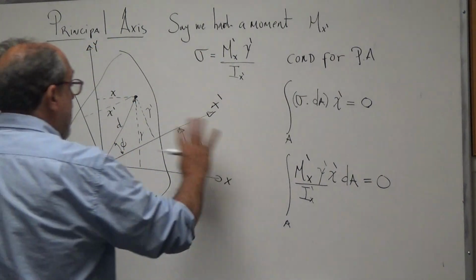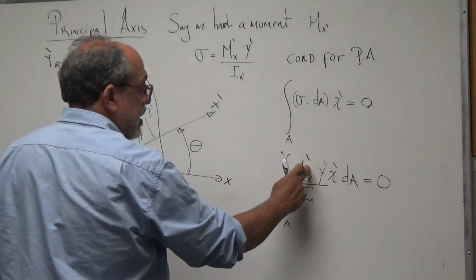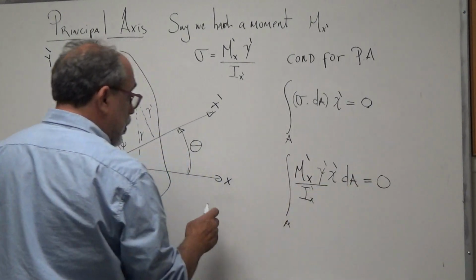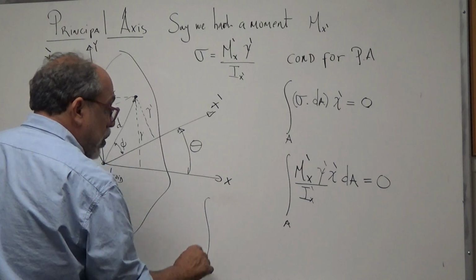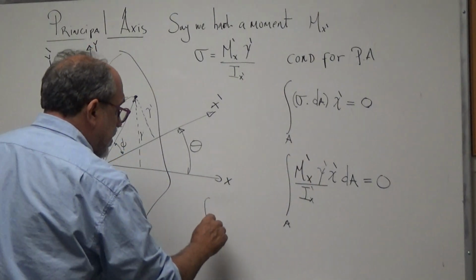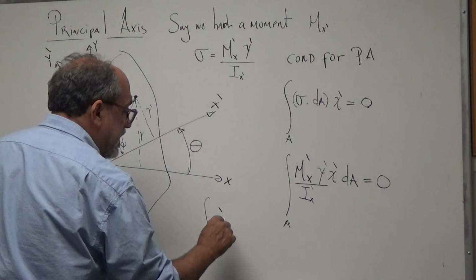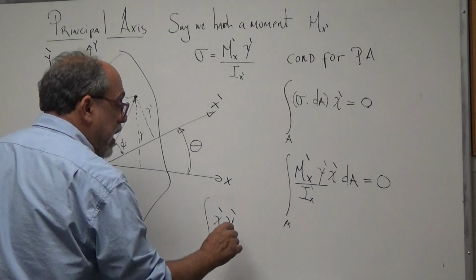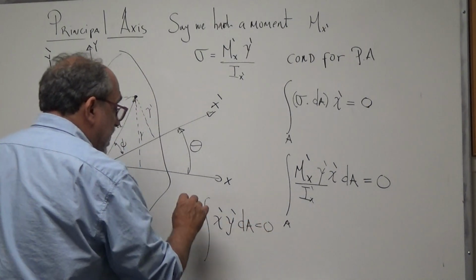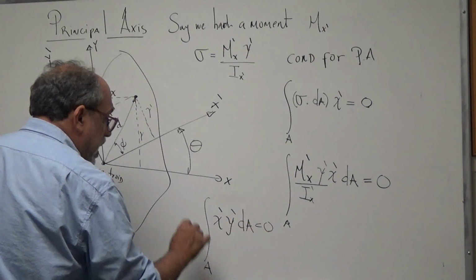Now, Mx prime at this cross-section is a constant, and Ix prime is a constant. So if this is equal to zero, it obviously has nothing to do with these constants that could be taken outside of the integral. And so what we find is that the integral of x prime, y prime, dA must be zero when integrated over the area.